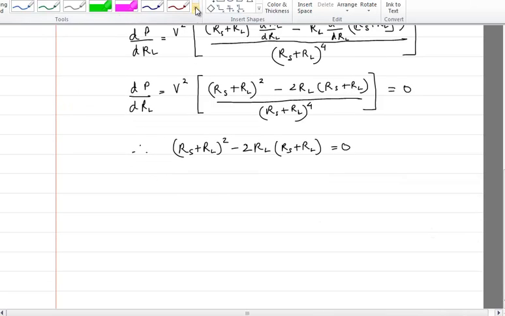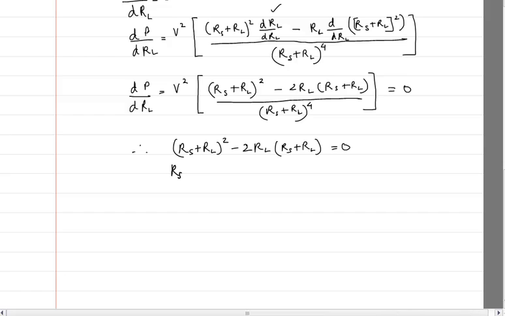So this will become RS square plus RL square plus 2 RS RL, minus 2 RL RS, minus 2 RL square is equal to 0, from which these terms cancel off. I will basically get RS square minus RL square is equal to 0.